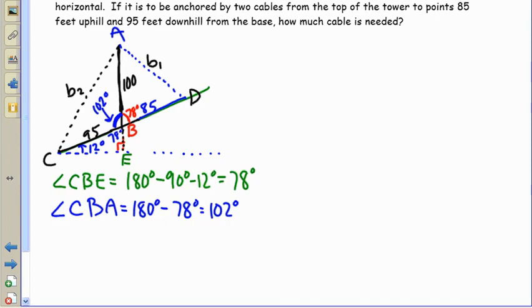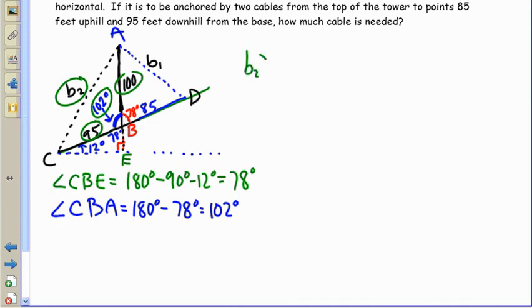So now I have all the information I need in order to solve for B1 and B2. Because I have a side, the included angle, and the side, I can solve for B2. So B2 is equal to, actually let's do it as B2 squared.